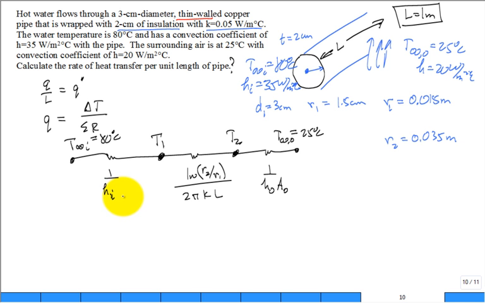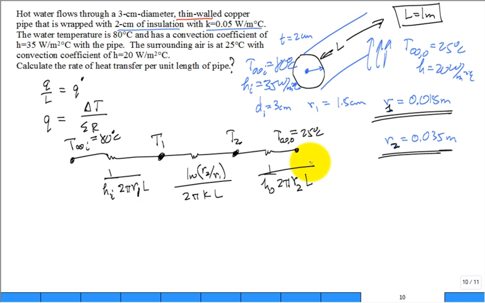So what is the area on the inside? 2 pi R inner L. How about the area on the outside? 2 pi R2 L, that's R1 and R2, okay? I think it may be easier just to pick L as one length, 1 meter, and then everything's based on the flow per 1 meter of length.